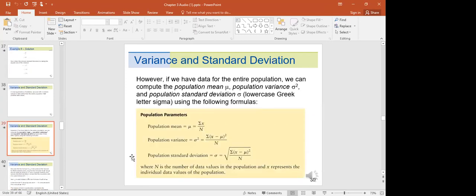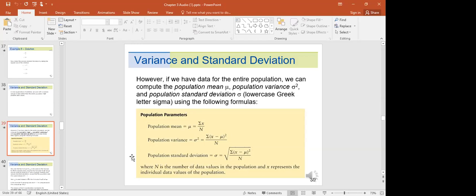Now for population, we recall that the population mean is mu, and the population variance is sigma square. This is letter sigma square. For the population, the variance is the average of the square of the deviations from the mean.